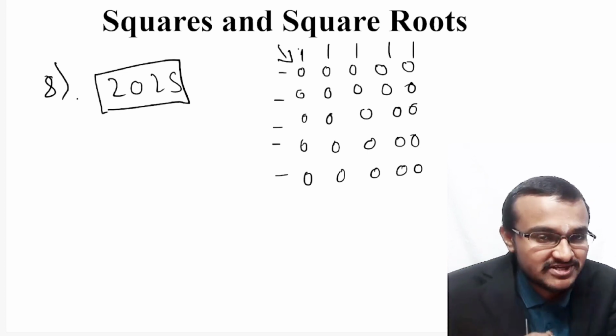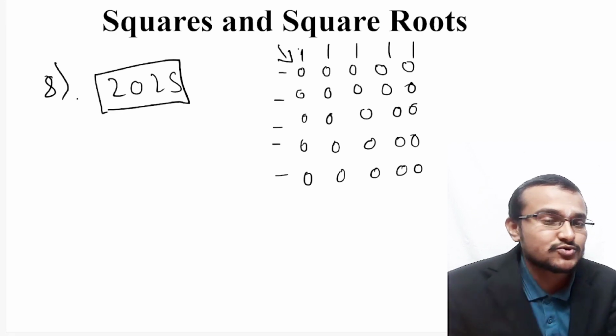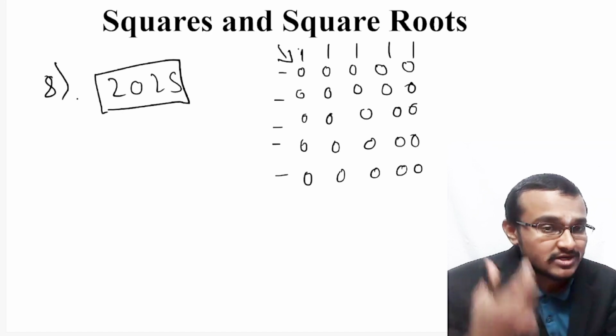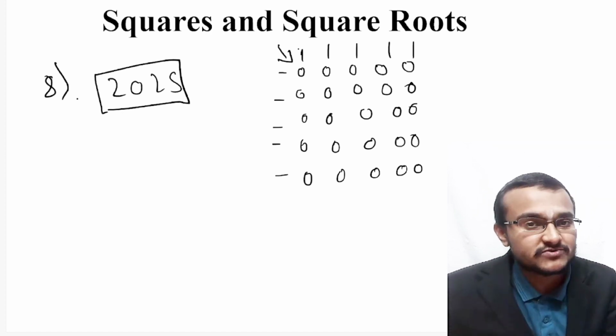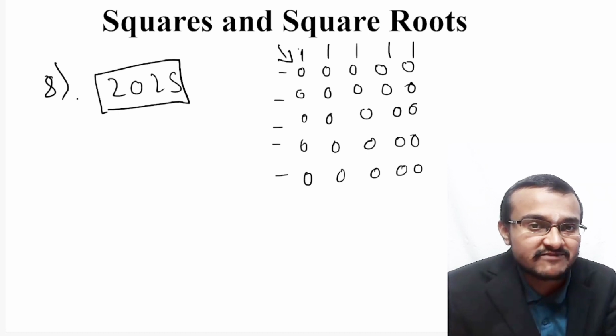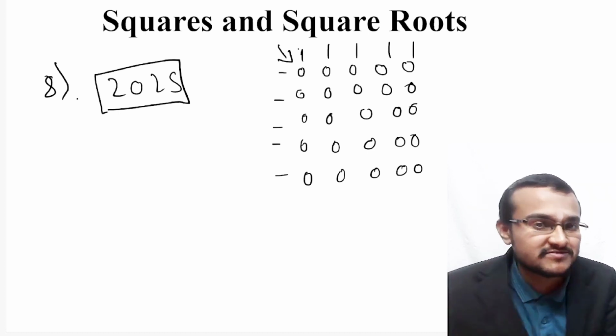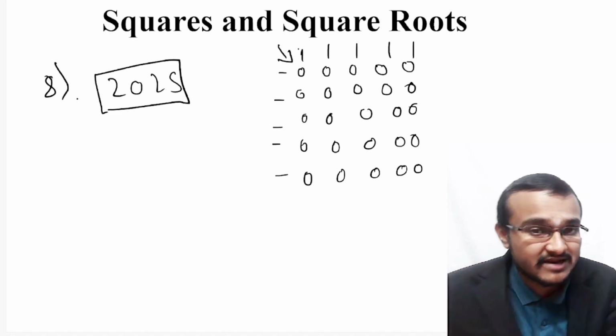That shows you are multiplying the same number 2 times to get a number. So the total number is equal to 2025. That means indirectly you should find out the square root of 2025, and you can easily calculate how many rows and how many columns you should put in that particular ground.